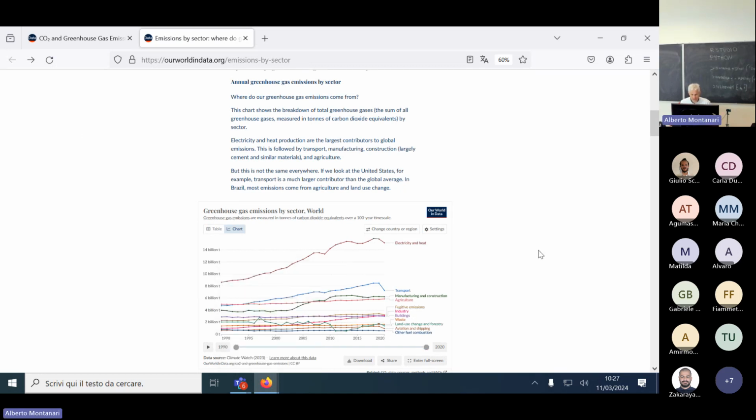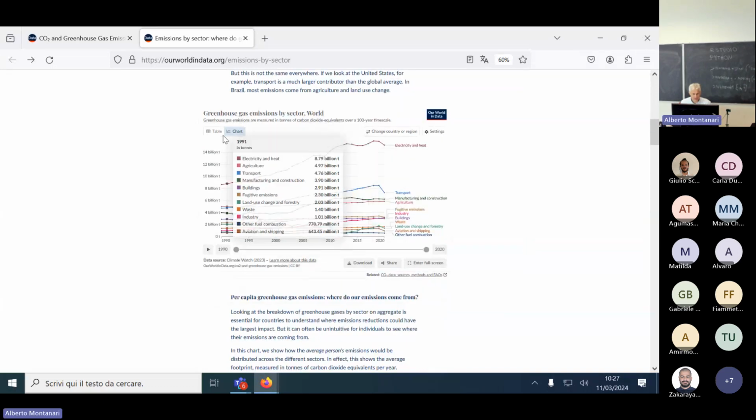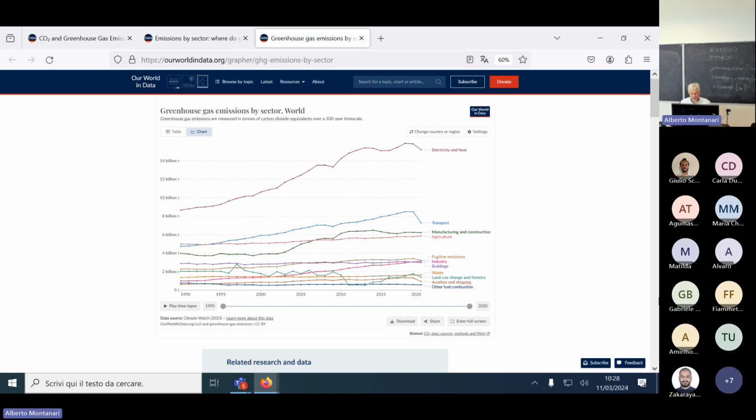And here it is now, electricity and heat. Here there is greenhouse gas emission by sector. Let me just enlarge it. Okay, electricity and heat is the main contribution, and then there is transport, manufacturing and construction, agriculture, and that's it.